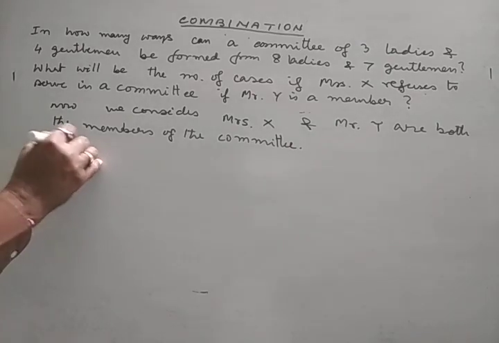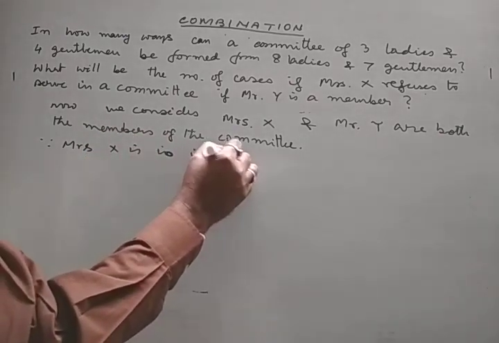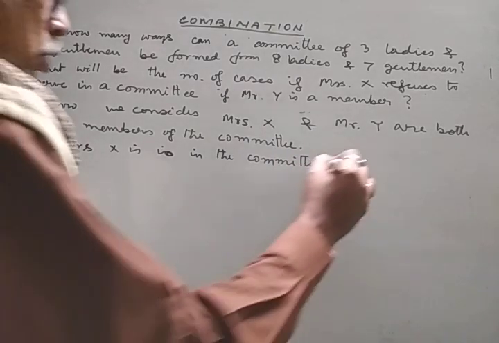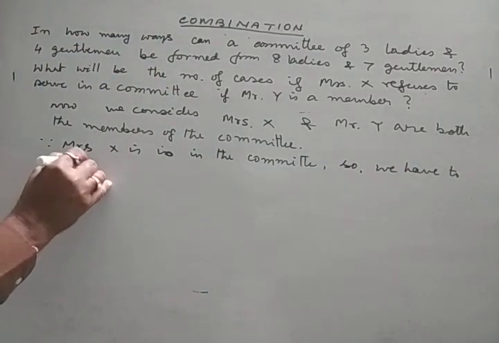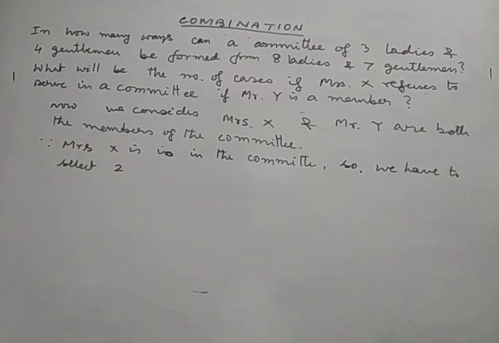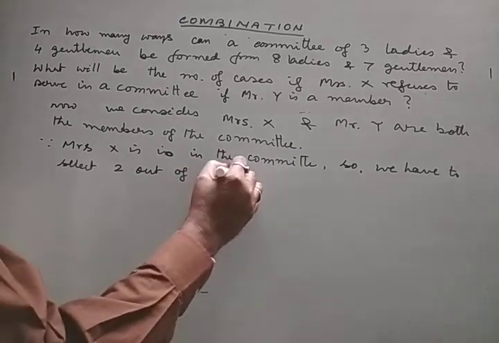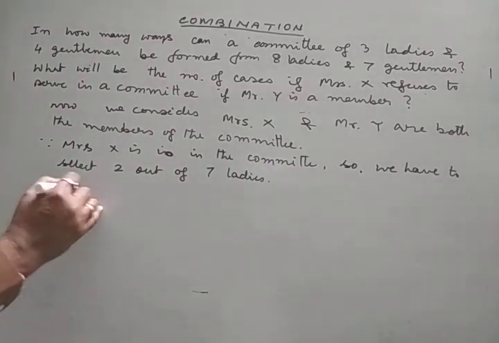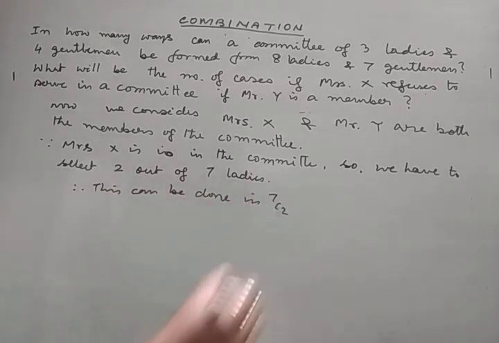Since Mrs. X is in the committee, therefore we have to select 2 out of 7 ladies. This can be done in 7C2 ways.